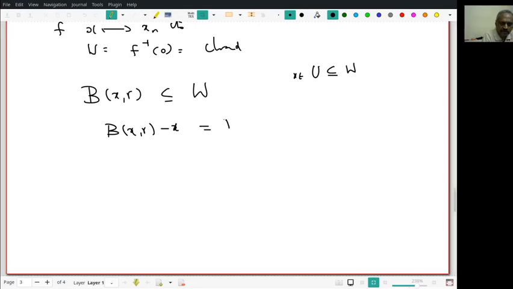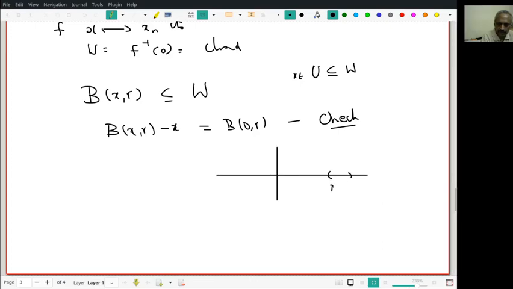This will be B(0,R). Check this. You gave me some B(x,R); by translating this by minus x, I get B(0,R).